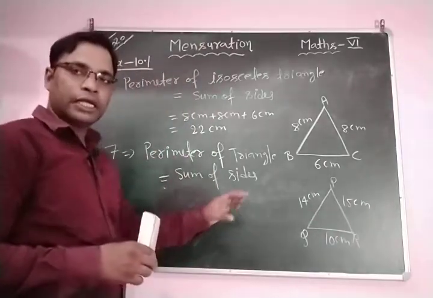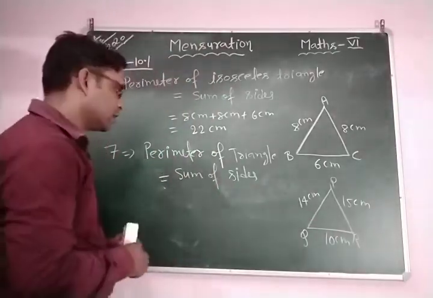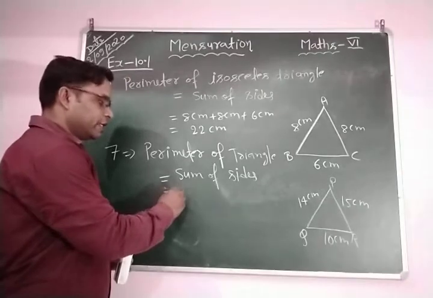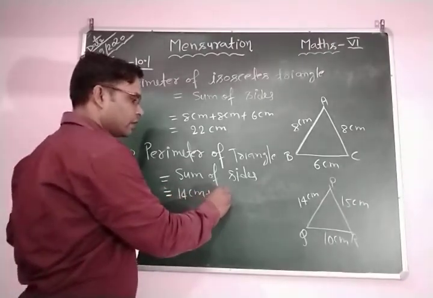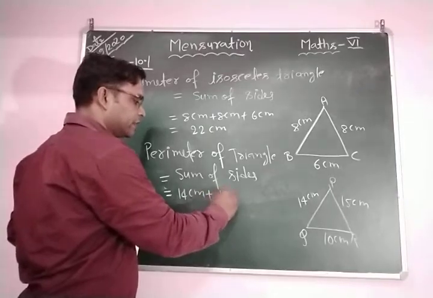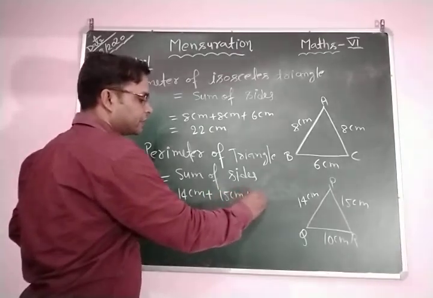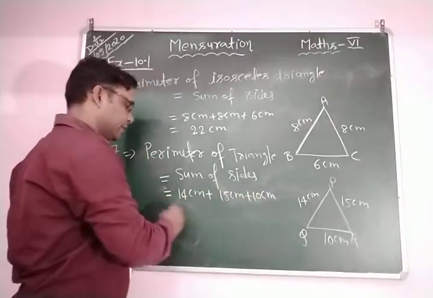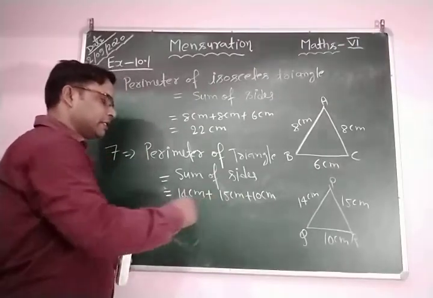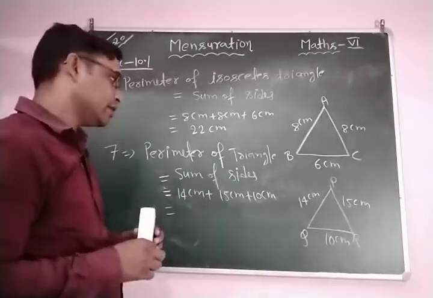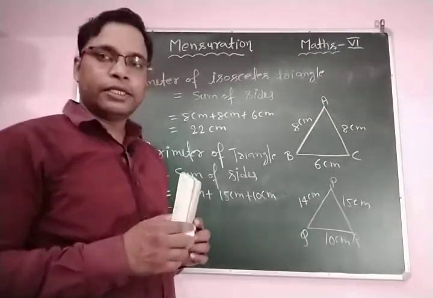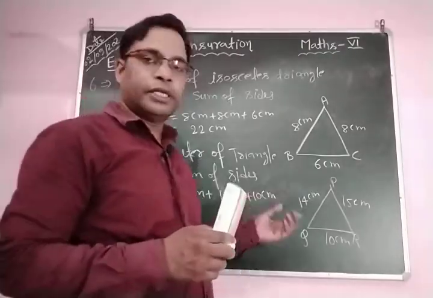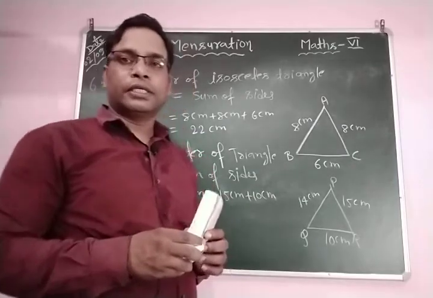For this we sum the given sides. So this is equal to 14 centimeters plus 15 centimeters plus 10 centimeters. 14 plus 15 is equal to 29, plus 10 centimeters is equal to 39.